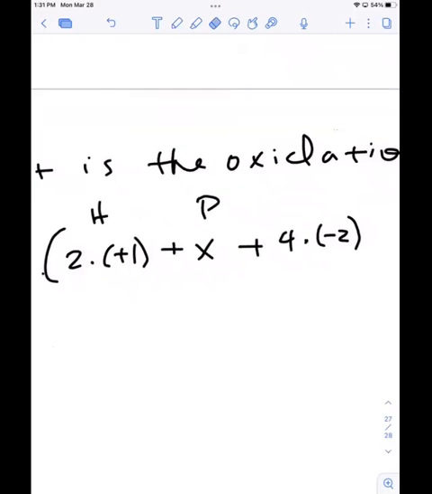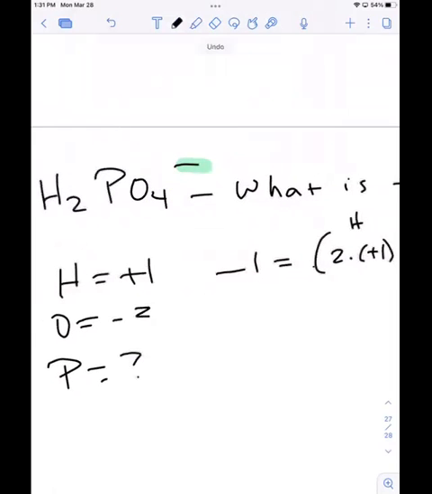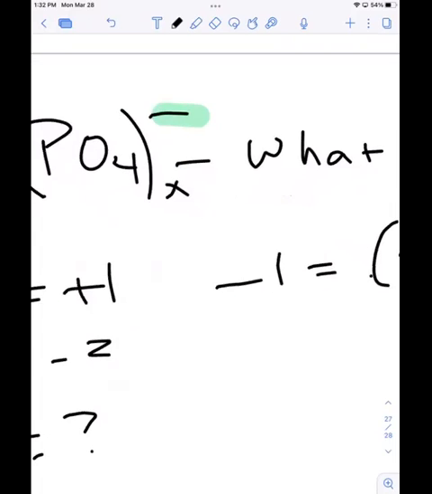Let me restate what I said a second ago. This 4 right here does not distribute. That's strictly for oxygen. It has nothing to do with phosphorus. The only time you would distribute a number through a polyatomic like that is if there was a subscript out here. That subscript would be distributed to both. But because the 4 is strictly with oxygen, it does not distribute.